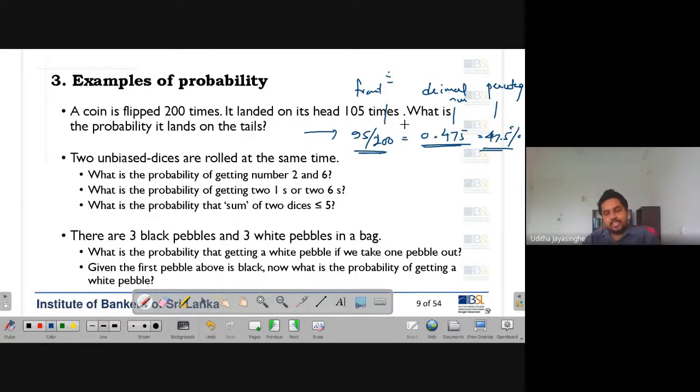Okay. Second question. Two unbiased dice are rolled at the same time. What is the probability of getting numbers 2 and 6? It's a very good question if you could try.